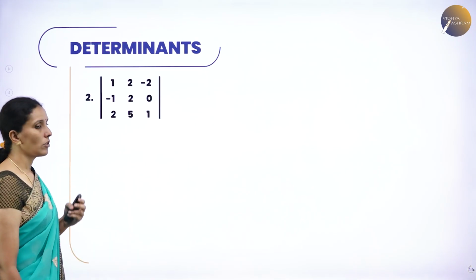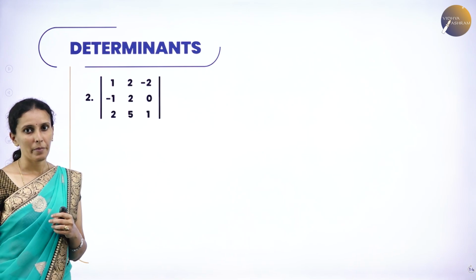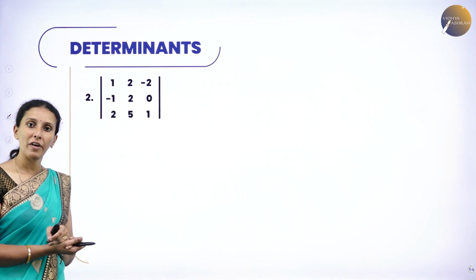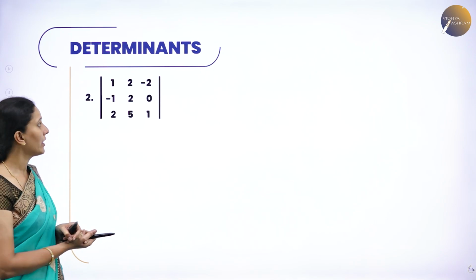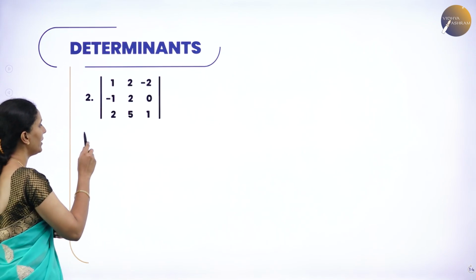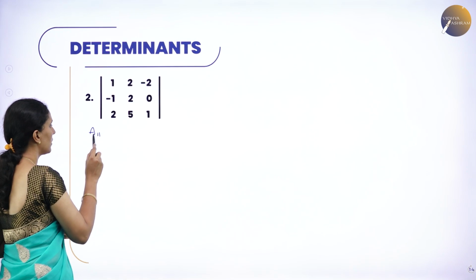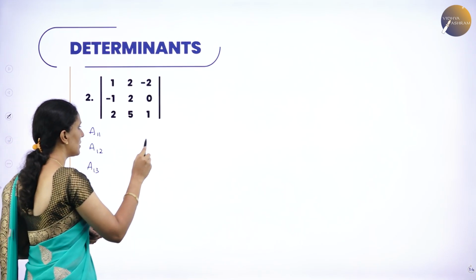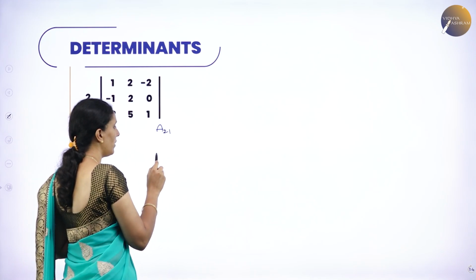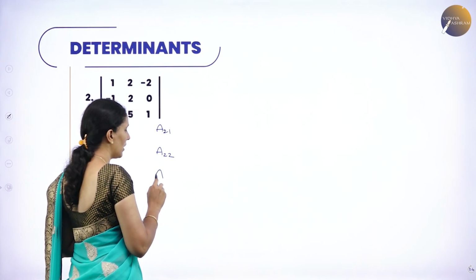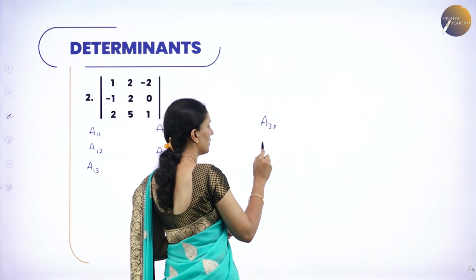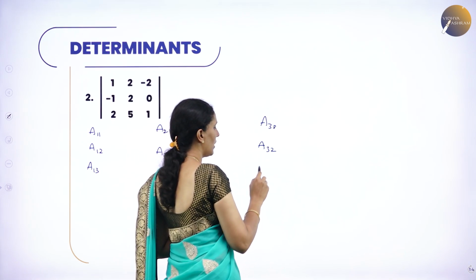Next. So here also we are going to find the adjoint of a matrix. Here we can't use any shortcut method. We have to find all the cofactors and then find the adjoint of a given matrix. So let me find A11, A12, A13. Next here A21, A22, A23, A31, A32, and here A33.